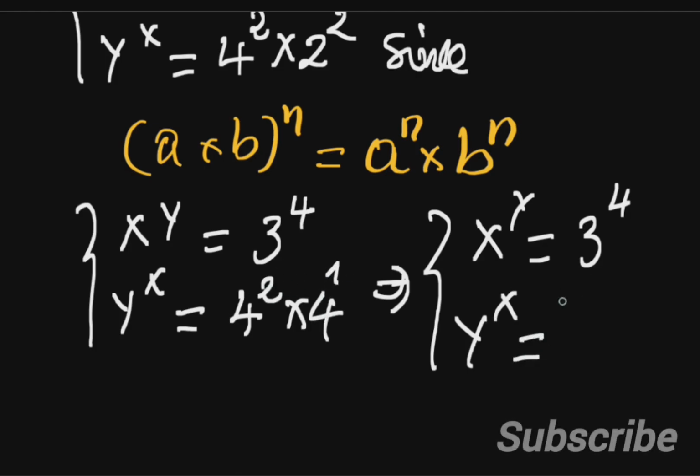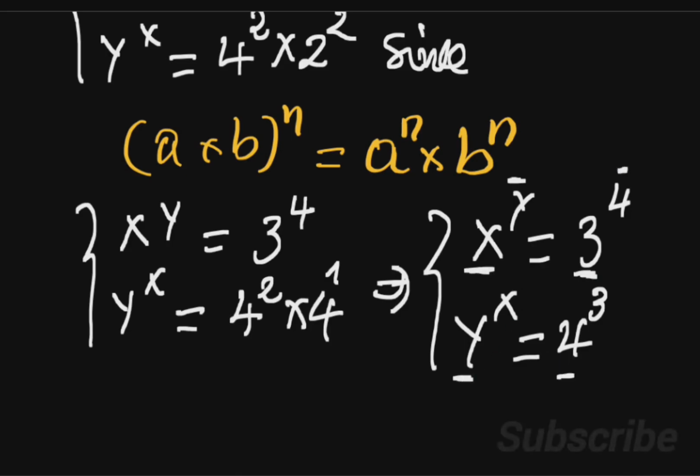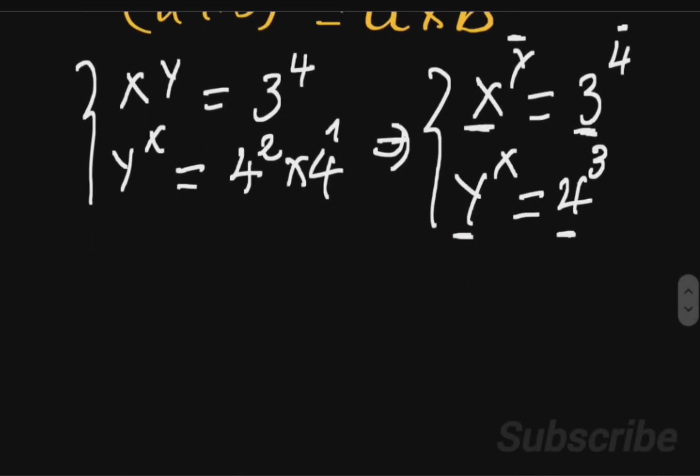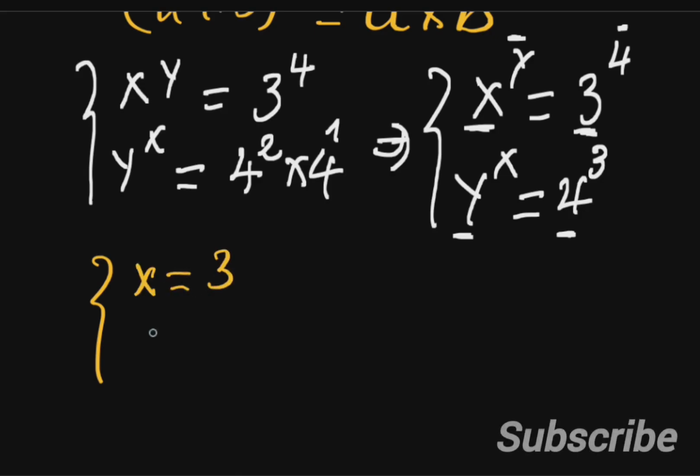We do 2 plus 1, that's 4 to the power 3. At this level you see that x is here, y is up, y is here, and x is here. So we can conclude that x is equal to 3 and y is equal to 4.